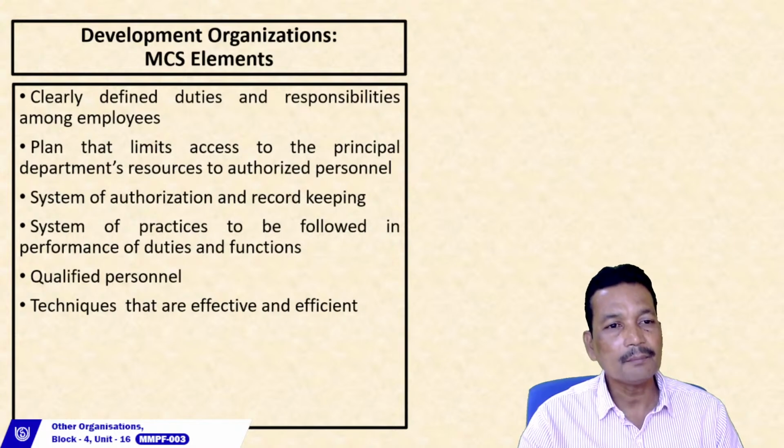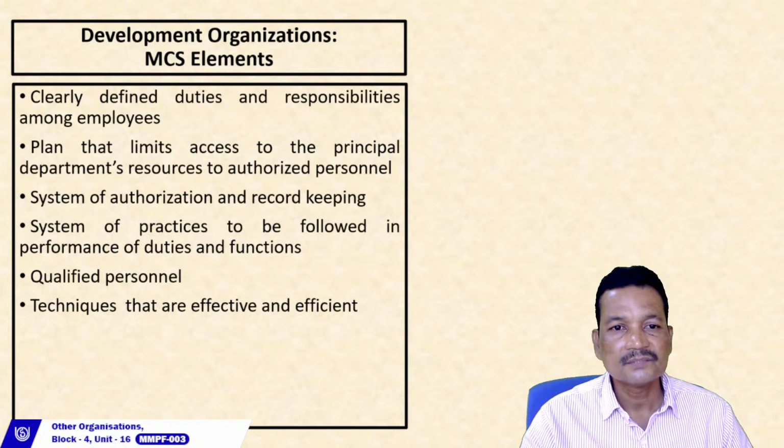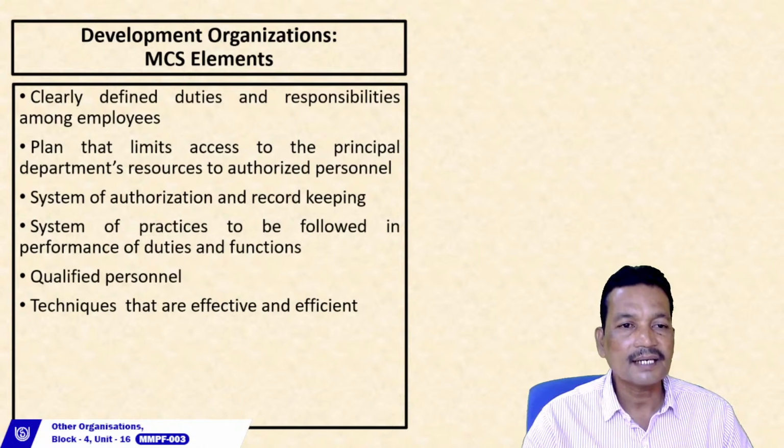We should have a plan that limits access to the principal department's resources to authorized personnel only. That means whatever the resources are, they can be used by the authorized personnel only. Not anybody who wants can tap into the principal department's resources.